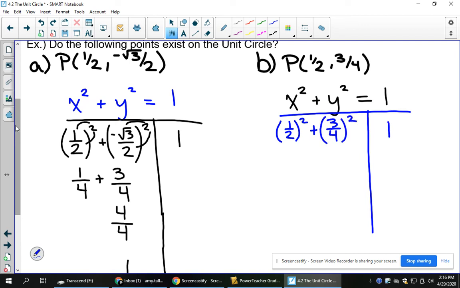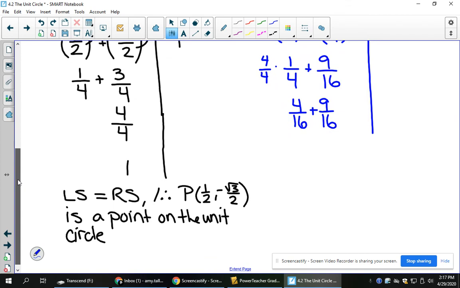I'm done on the right side because it's already evaluated down to a single number. Now 3 squared is 9 and 4 squared is 16. I need to make a common denominator next. I'm going to times top and bottom here by 4 to get a common denominator of 16. I'm going to add my numerators since I have a common denominator.